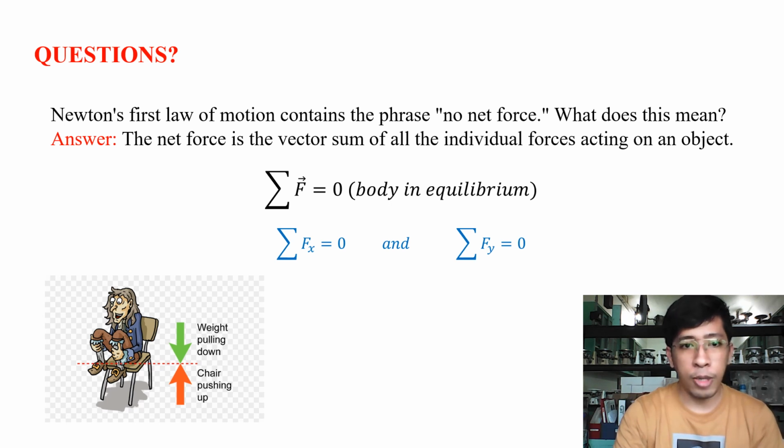Otherwise, if they are not equal, we can imagine that if the weight is greater than the upward force of the chair, the man will sink downward. But if they're equal, the weight and the normal force that the surface of the chair exerts on the man are equal, then their forces cancel out. Thus the sum of all their forces is equal to 0.